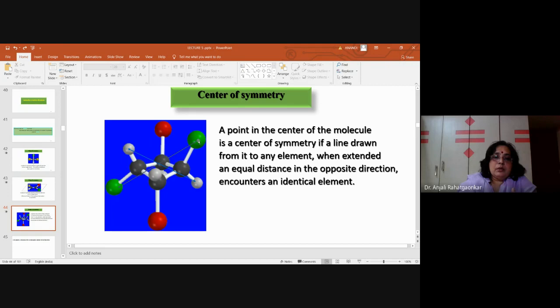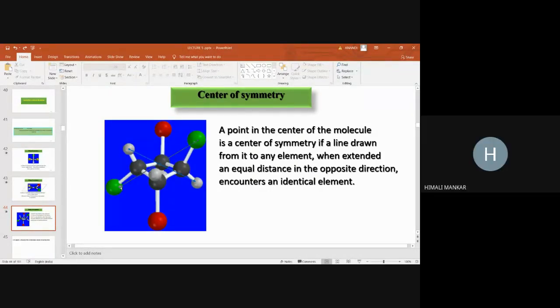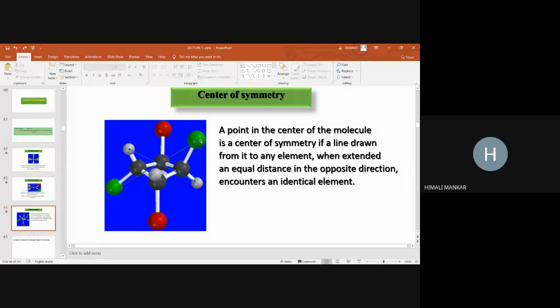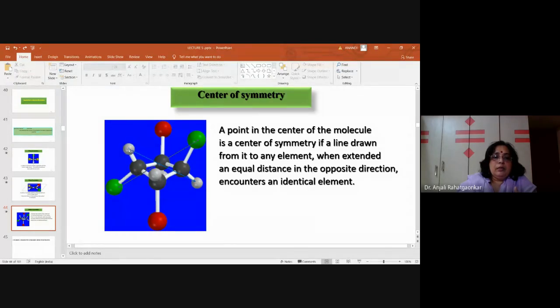So I am drawing a line from this substituent to the center and I am extending it to the back of the plane. So what I am getting, there are two same substituents present equidistantly. All right. Again, I am drawing the line from this substituent to the center and then I am extending towards the lower side. And what I found is that there are two same substituents.